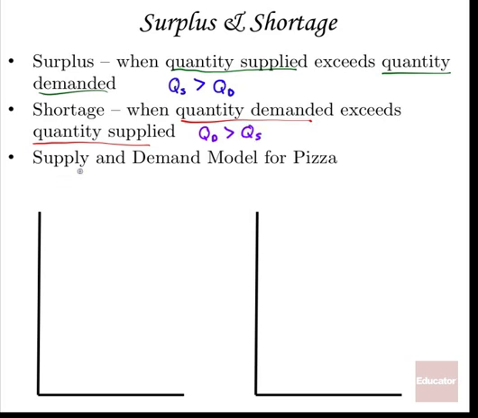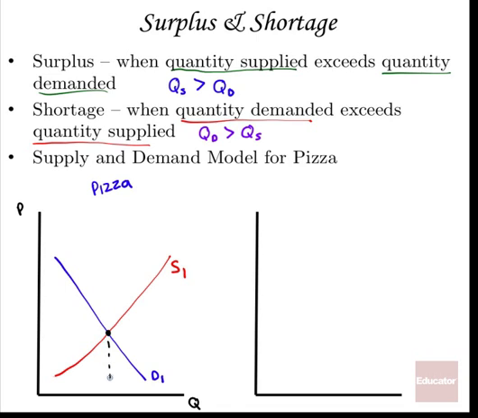So let's take a look at the supply and demand model for pizza yet again. So here's pizza, and here's the demand for pizza, and here's the supply for pizza. And again, make sure you label the quantity and the price here.